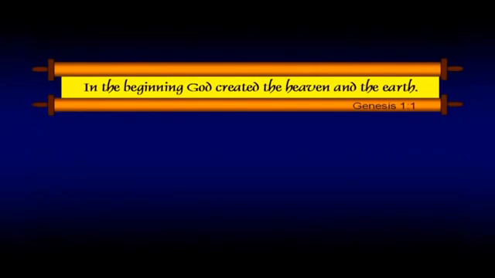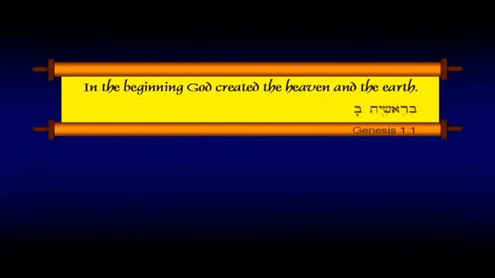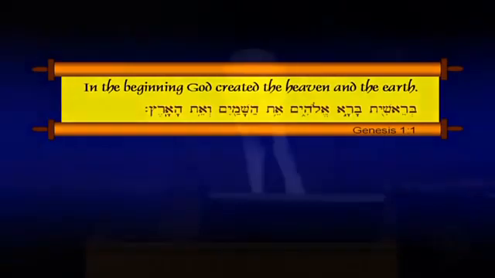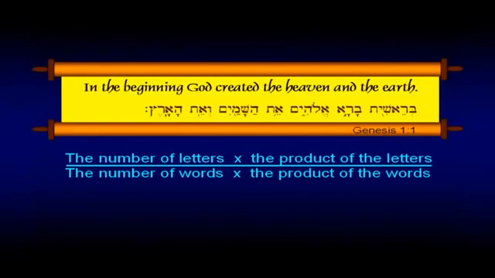First verse, Genesis 1:1: in the beginning God created the heaven and the earth. If we look at that in the Hebrew, remember it goes from right to left, every letter, both Hebrew and Greek, has the peculiar characteristic that every letter has a numerical value. And you can take advantage of that in a number of interesting ways. In this case, if you take the number of letters in Genesis 1:1 and multiply that by the product of the letters, and you do the same thing, you divide it by the number of words and the product of the words.